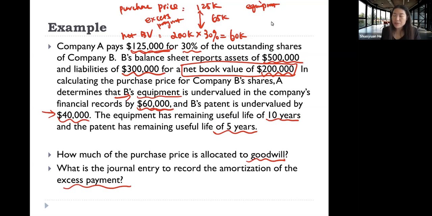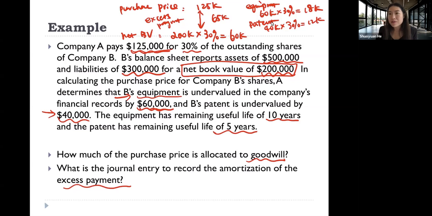Equipment has a difference between fair and book value of 60,000, and 30% of that is 18,000. The other is the patent. Patent has a difference between fair and book value of 40,000, and 30% of that is 12,000.